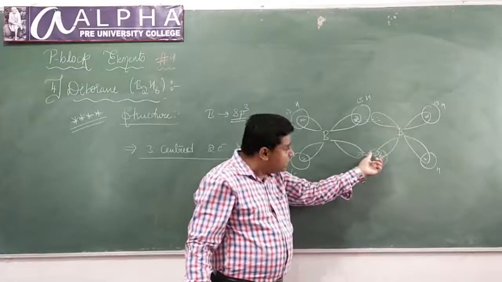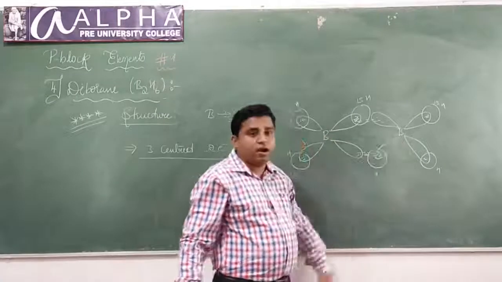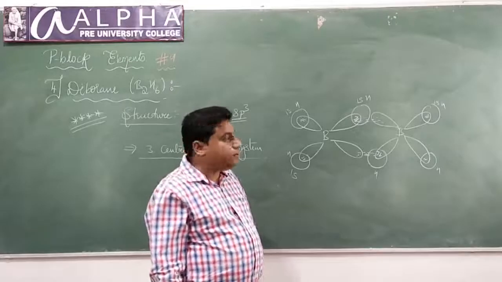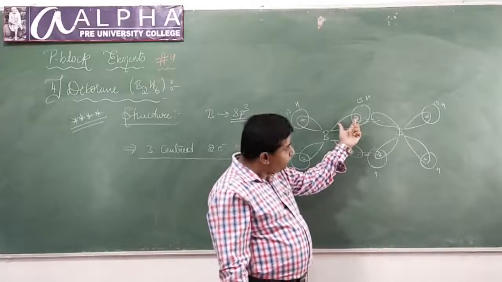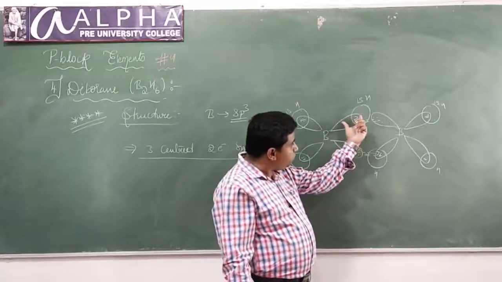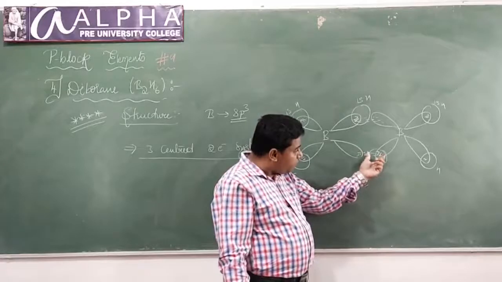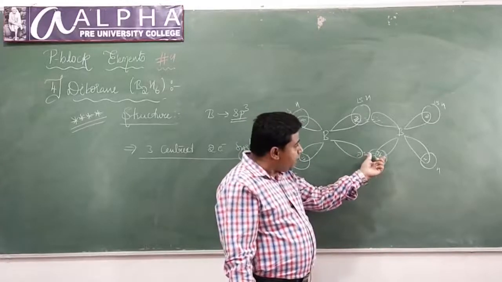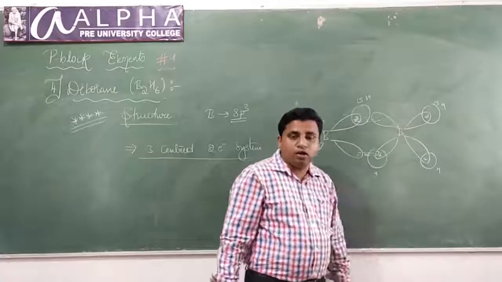On the same lines, these two electrons are shared by boron, hydrogen and boron. Am I correct? Therefore these 2 electrons belong to both the borons.